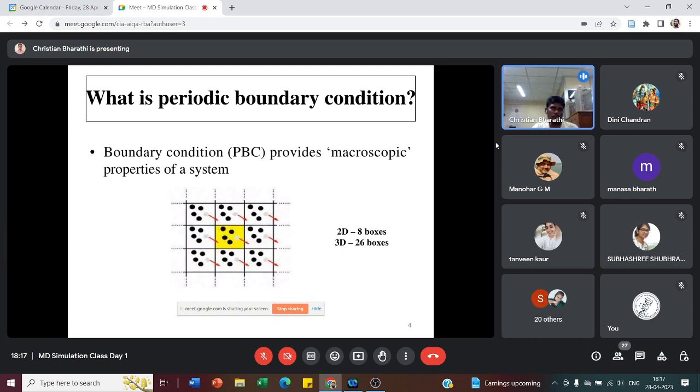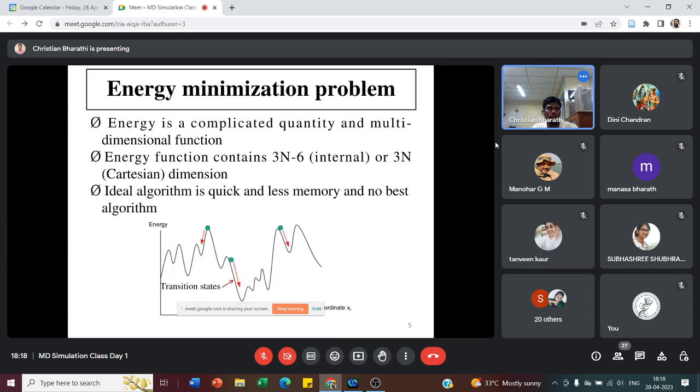Our interest is only one box. The protein is in the middle, and it is surrounded with solvent molecules, and the periodic boundary condition provides the real environment for the box or for the protein. So we simulate only one box, but it considers there are other proteins and other environments around the box. That is why we are applying the periodic boundary condition.